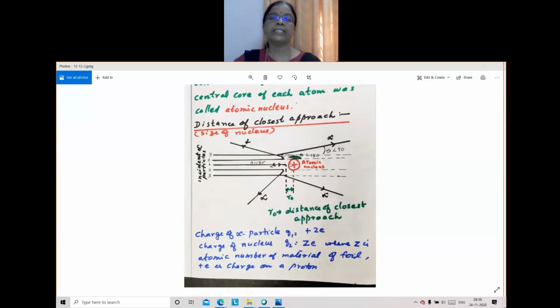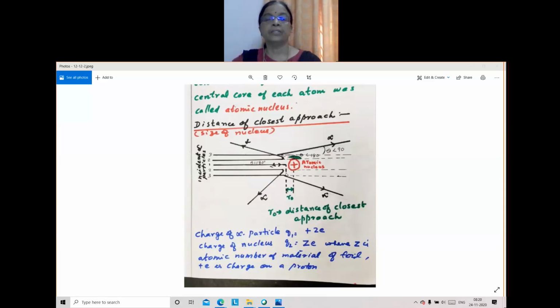So when you calculate this distance, that means the distance at which the alpha particle is reflected, that is almost equal to the size or radius of the nucleus. Somewhat it will be greater, but we approximately calculate it as equal to the size of the nucleus.